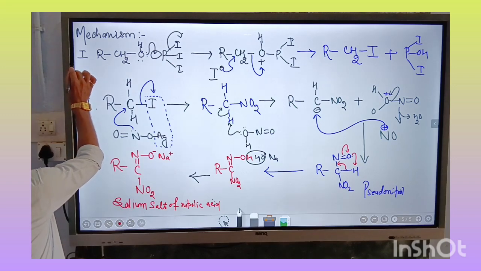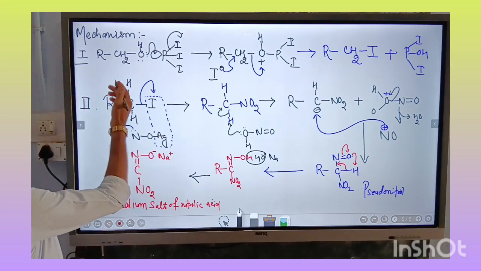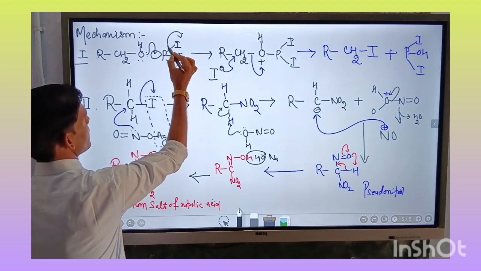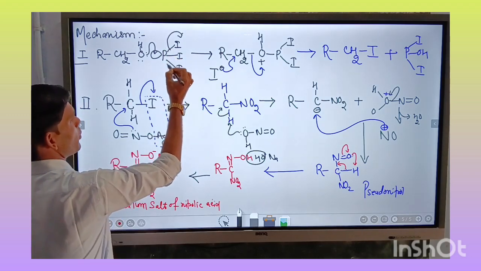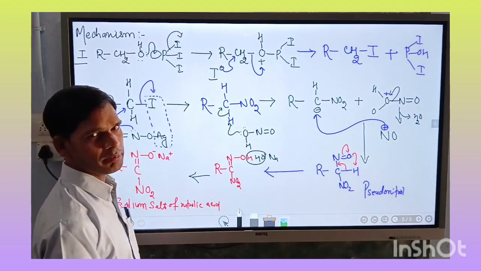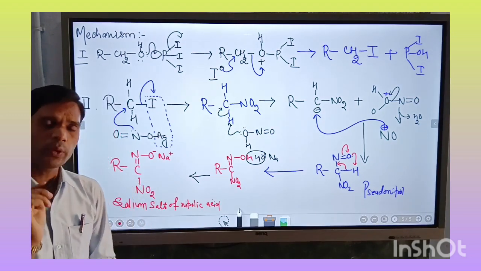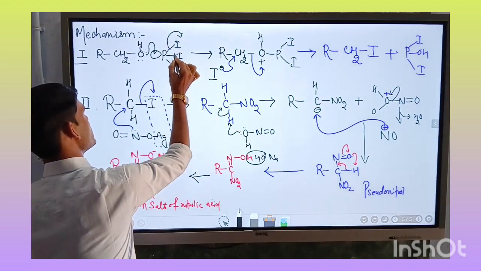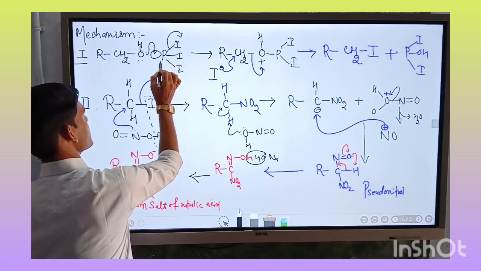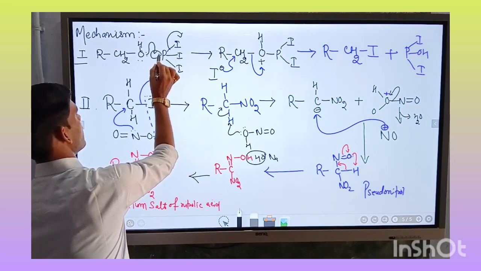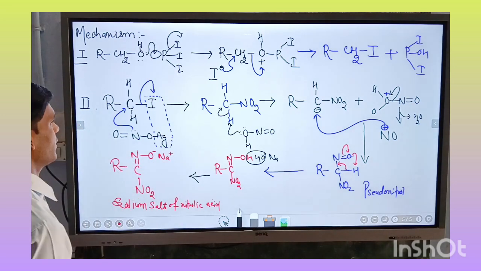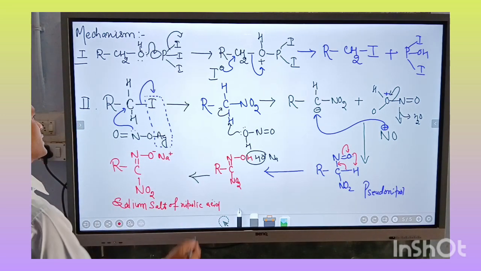In the first step, look here carefully. Phosphorus triiodide, which we obtained from the reaction between red phosphorus and iodine, is an electron deficient species because it has a vacant orbital and acts as a Lewis acid.